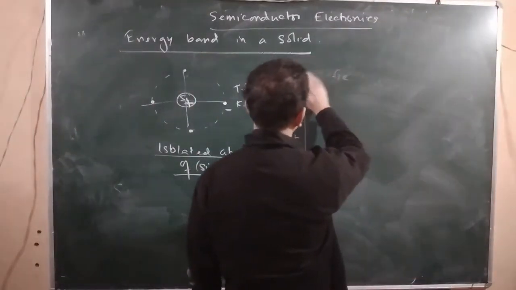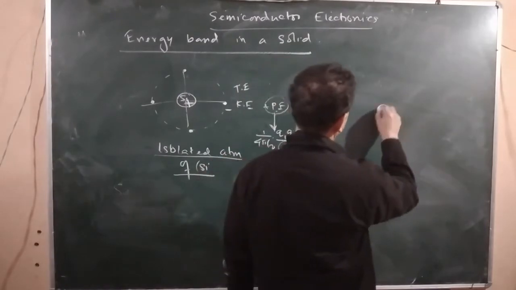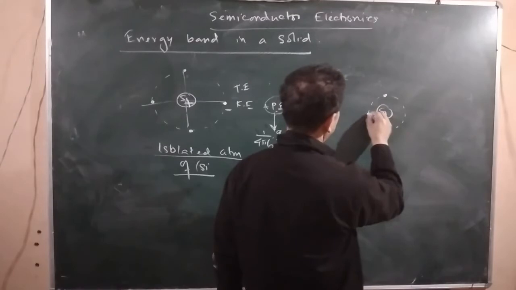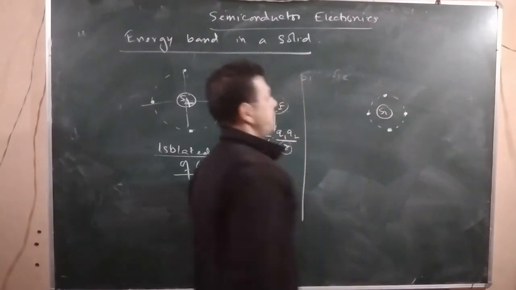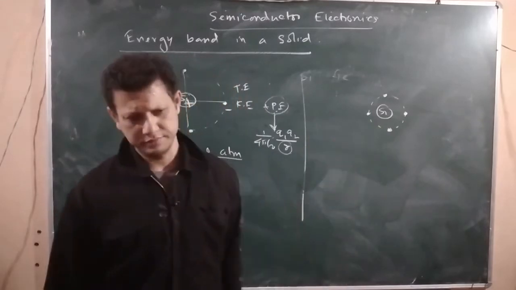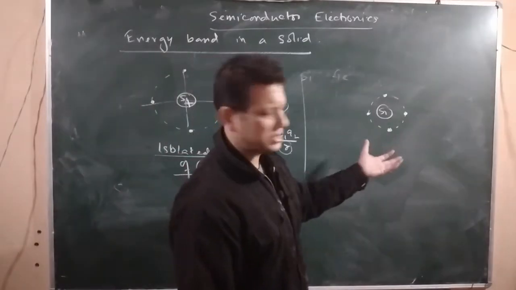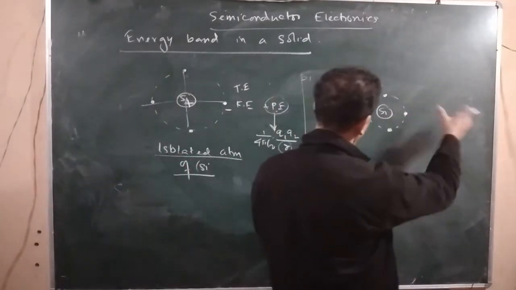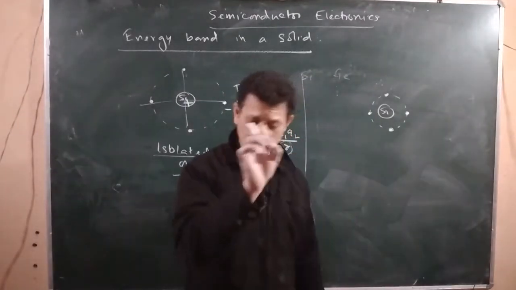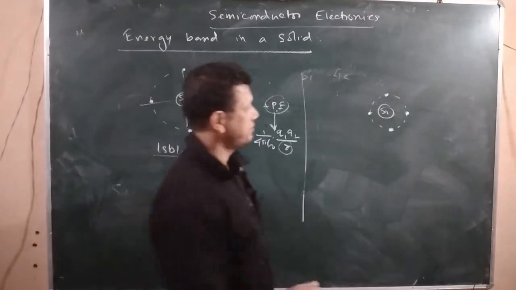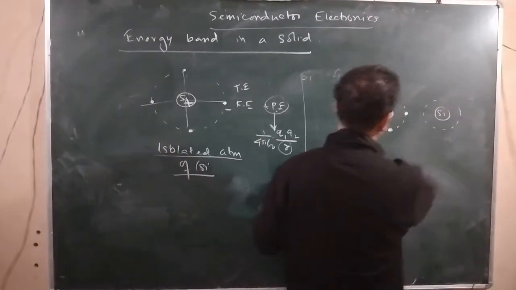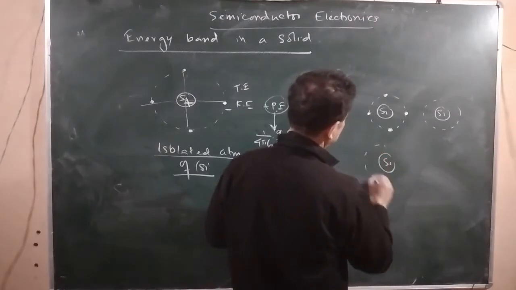Now a crystal has been formed and this is a silicon atom and each of the silicon atom is having 4 valence electrons. All these silicon atoms are forming a crystal, so they position themselves in certain lattice points.